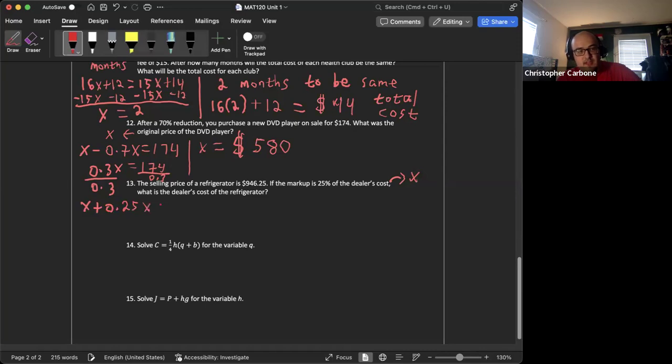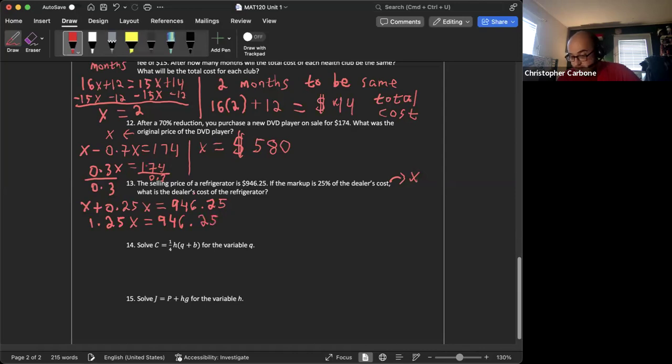Doing so would give us a value of $946.25. The x plus 0.25x makes 1.25x, and that'll be equal to $946.25.